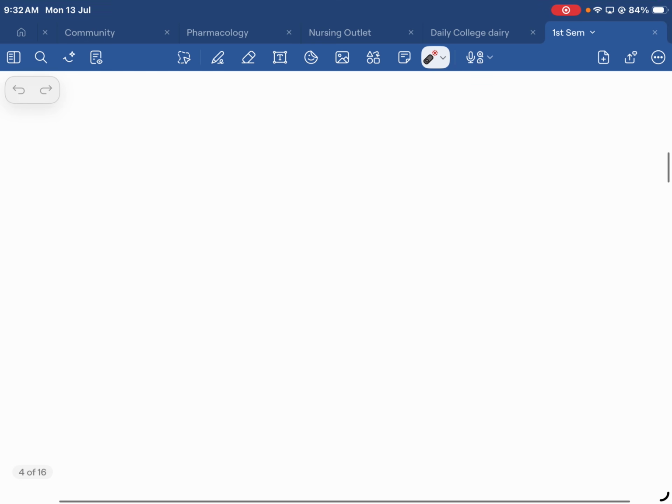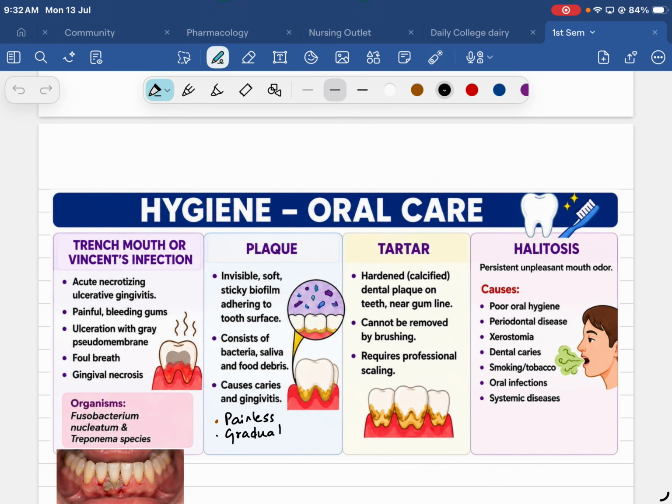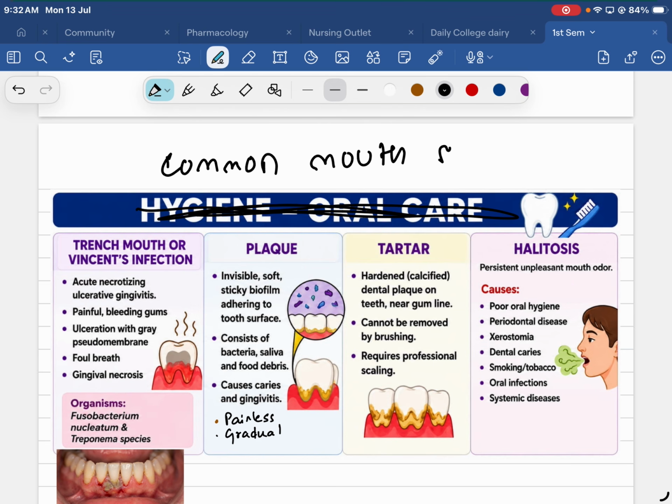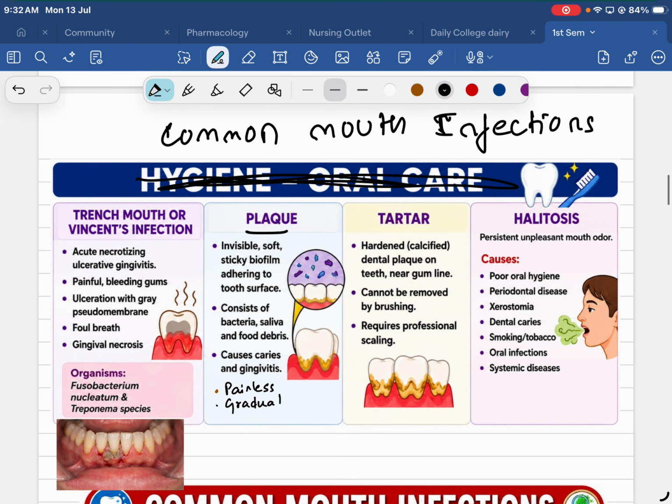Next we will jump to the next one, that is common mouth infections. Okay. What are the common mouth infections we will see, right? So firstly we will see plaque. Plaque means an invisible, soft, sticky biofilm.